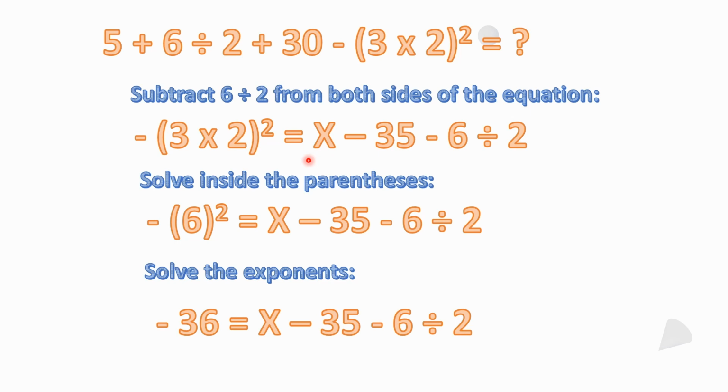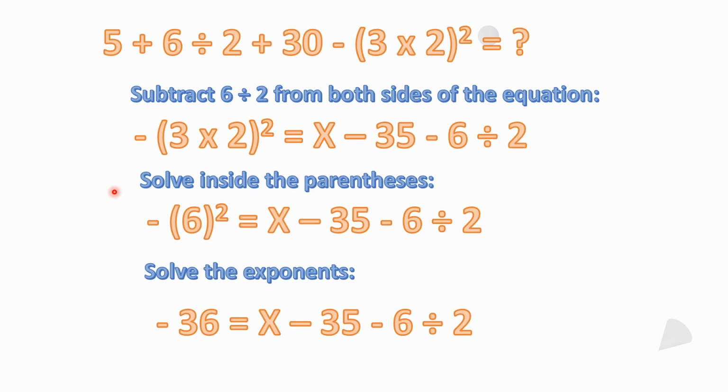On this side, you get x minus 35 minus the 6 divided by 2. The 6 divided by 2 from the original equation up here disappears from the left side because we've subtracted it. That leaves us with minus the quantity 3 times 2 squared equals x minus 35 minus 6 divided by 2.